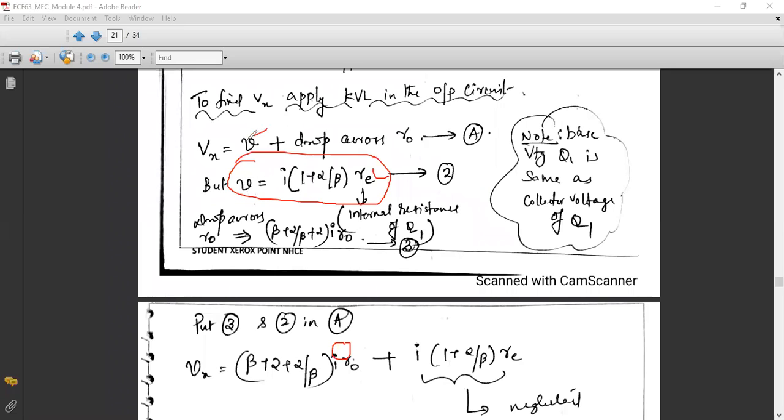So now I got the expression for V as well as the drop across R0. That is equation number 2 and 3, right? Now add these two equations together so that you will get Vx in terms of small letter I. Please take down.